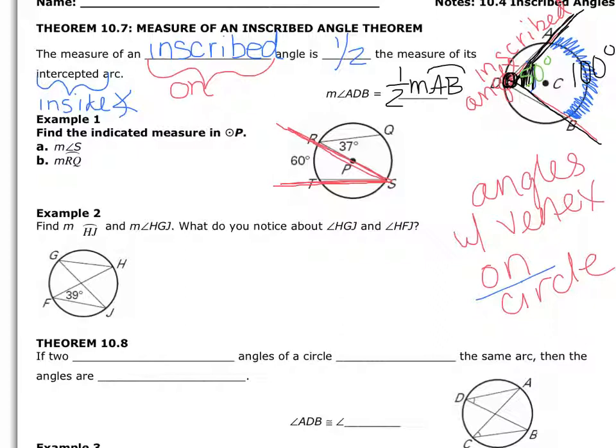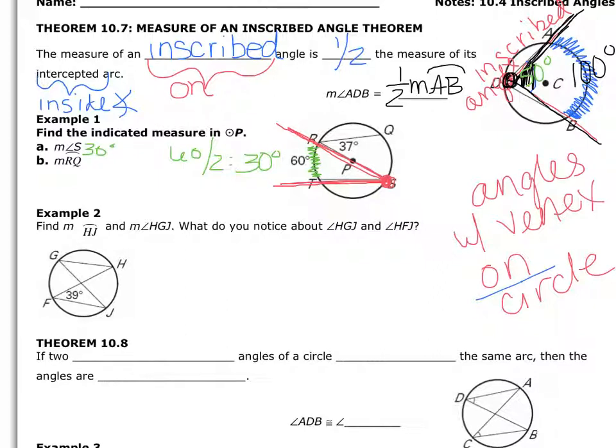This one is on the circle. Angles that are on the circle have a measure that is half of the intercepted arc. The arc in between angle S is 60 degrees, so half of 60 degrees is 30 degrees. The measure of that angle is 30 degrees.